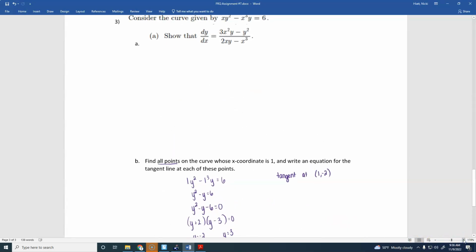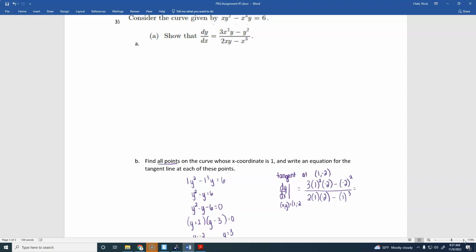All right, so my derivative, the notation you're going to use is dy over dx at (x, y) equals (1, -2). And then you're going to plug in 1 and -2. Be careful not to get the x and y's mixed up. So you'll have 3 times 1 squared times -2 minus (-2) squared, over 2 times 1 times -2 minus 1 cubed.